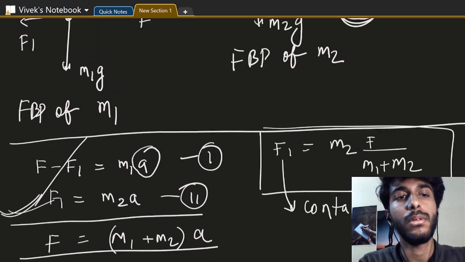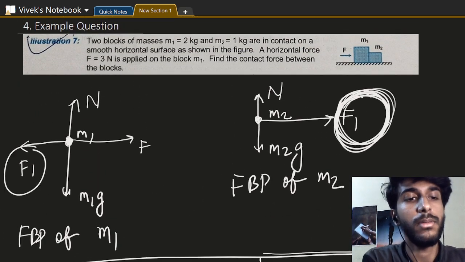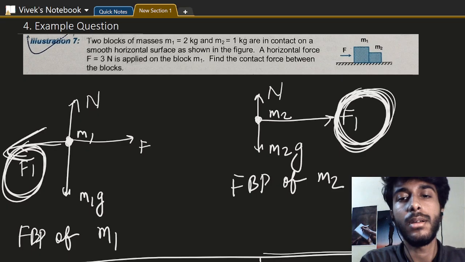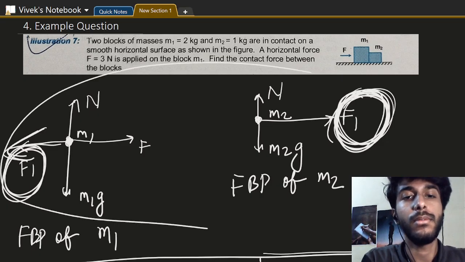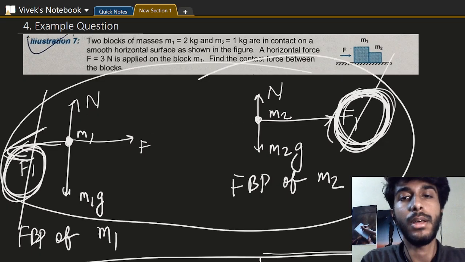You can see this F1 is the contact force because it is in leftward direction for m1, and for m2 it is in rightward direction. And if we see both as one entity, this F1 gets cancelled because they are in opposite directions.